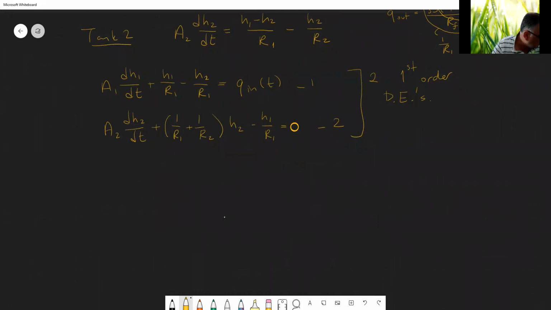You can do that. For example, let's say we find the transfer function H2(s) divided by Q in(s).